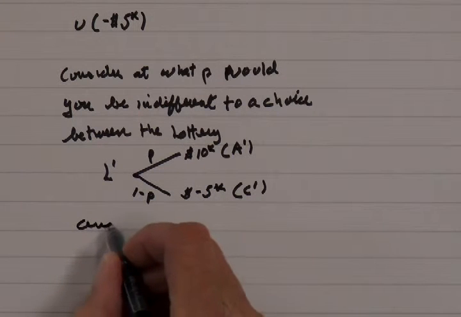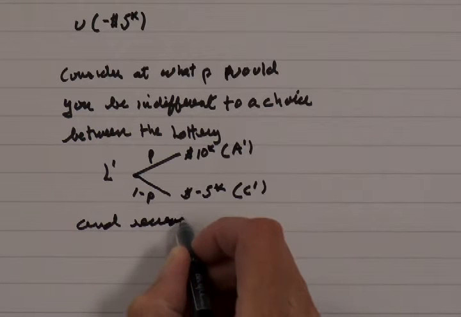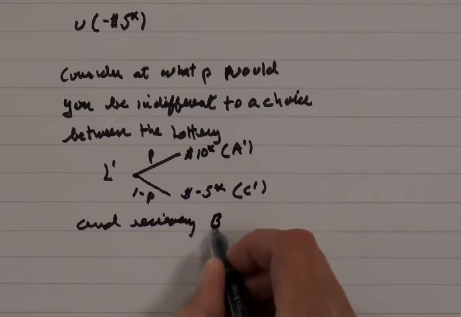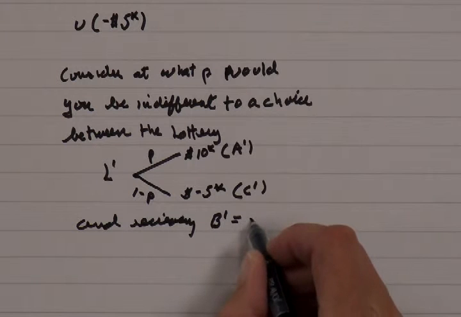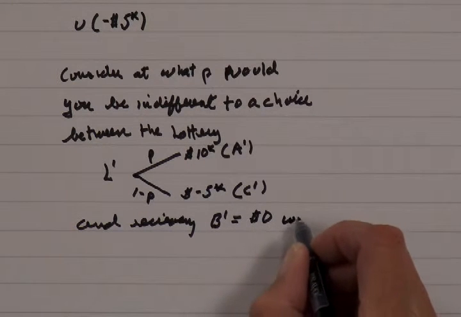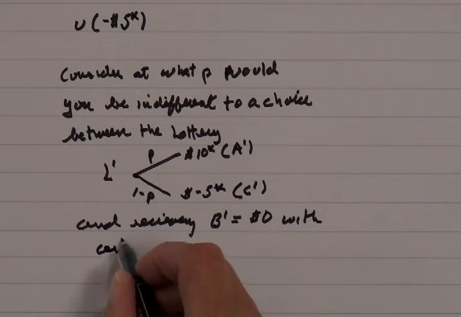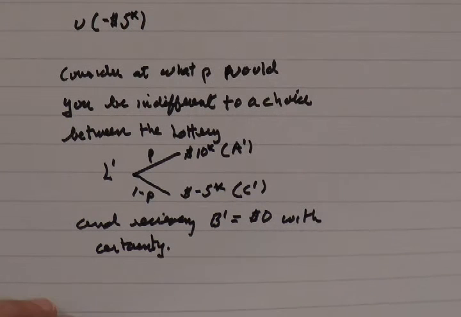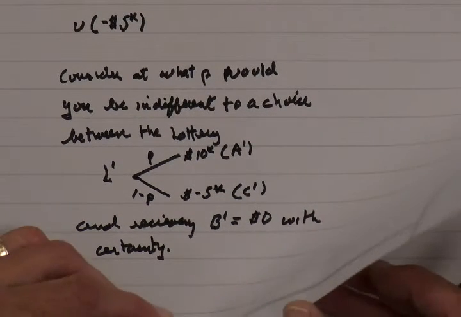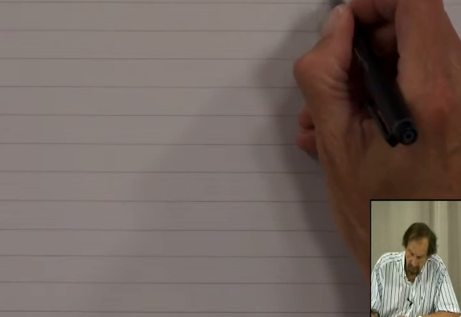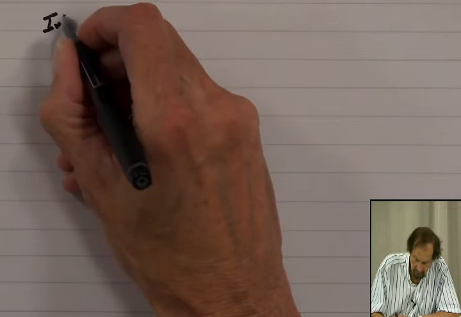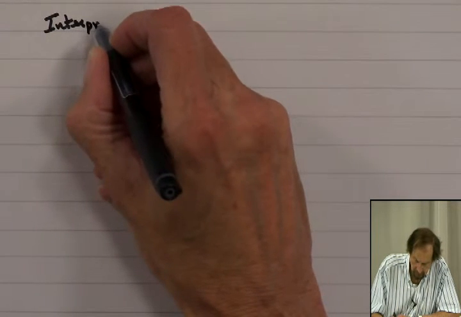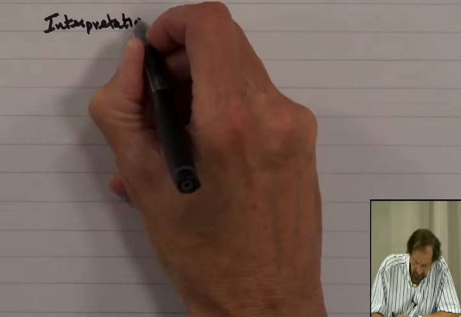And receiving B prime equals $0 with certainty. Okay. So what we have here is the same kind of interpretation. We have the following.